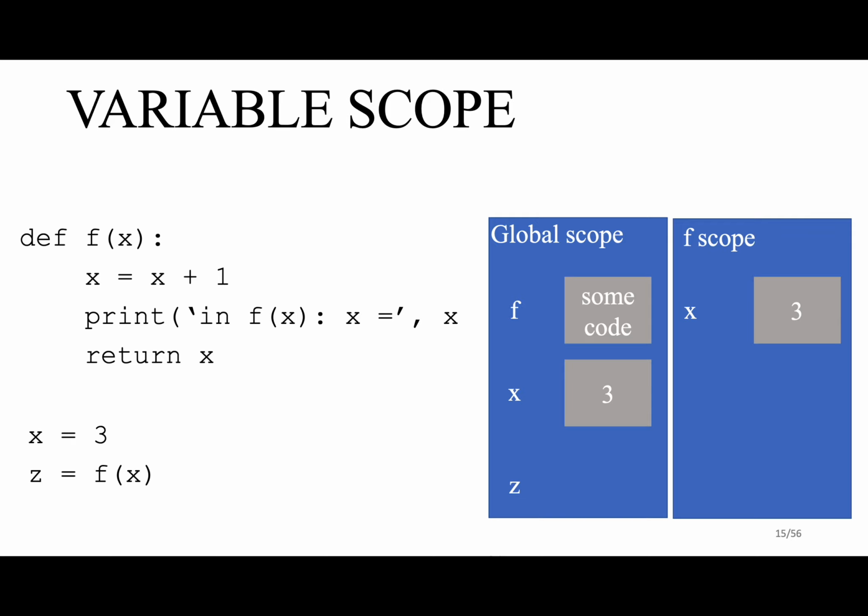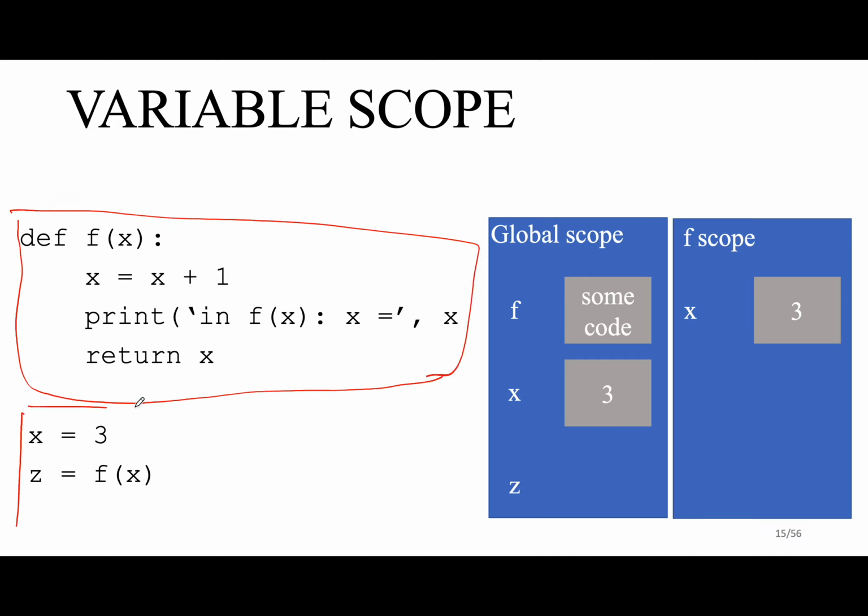The next thing we need to discuss is variable scope. It's very important for functions. If you want to understand functions, you should know variable scope. So what is variable scope? As I mentioned before, this is your main function.